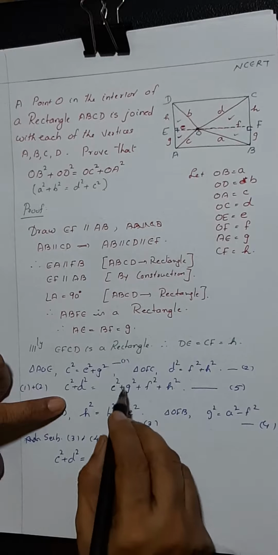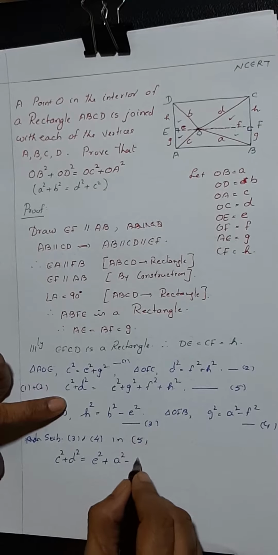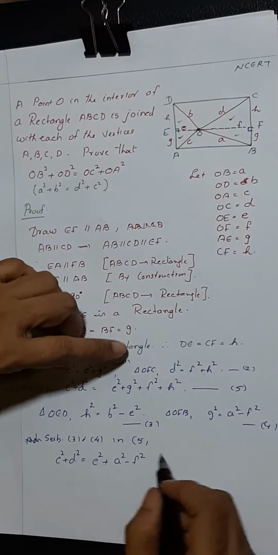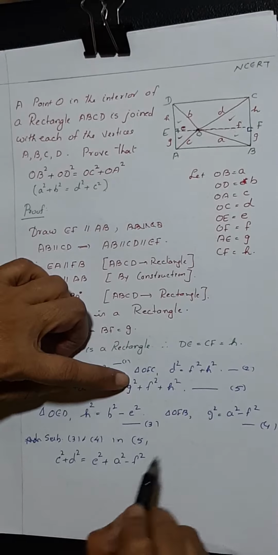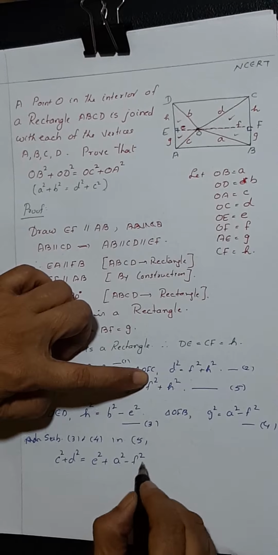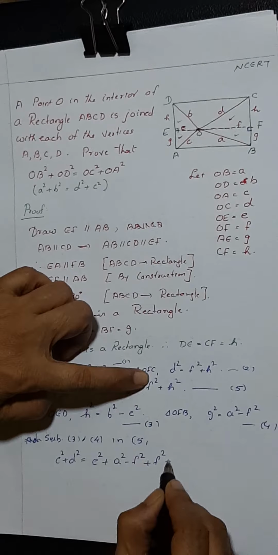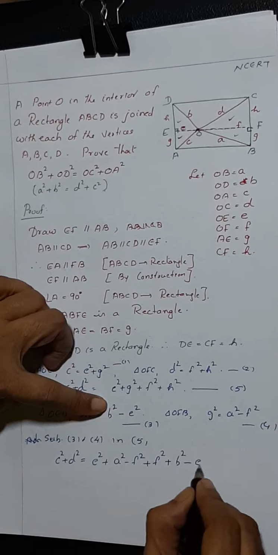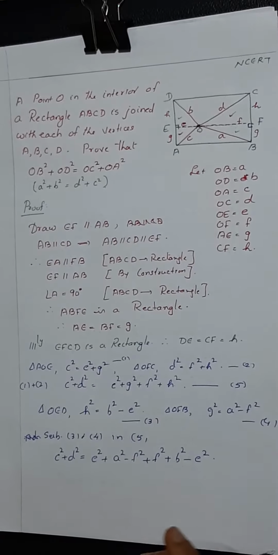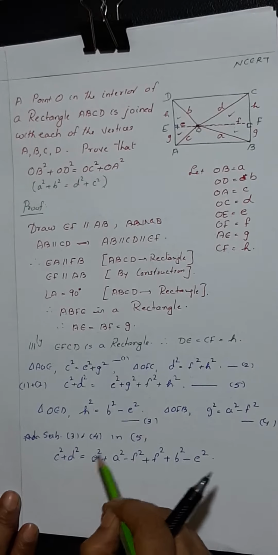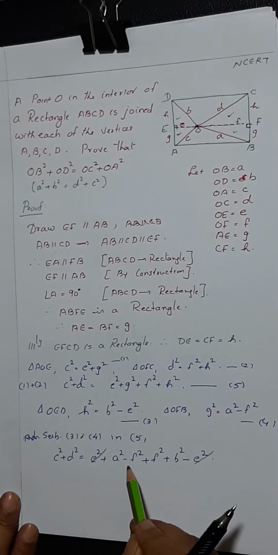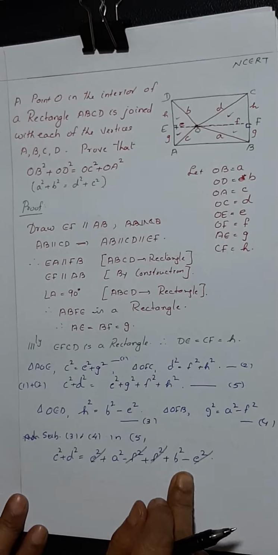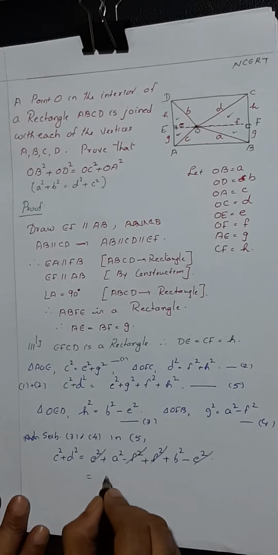Now we will write G squared as A squared minus F squared. E squared plus G squared is written as A squared minus F squared, plus F squared as it is, and H squared is B squared minus E squared. Now if you see, E squared and E squared will get cancelled, then F squared also will get cancelled, and you are left with A squared plus B squared. That's what you have to find.